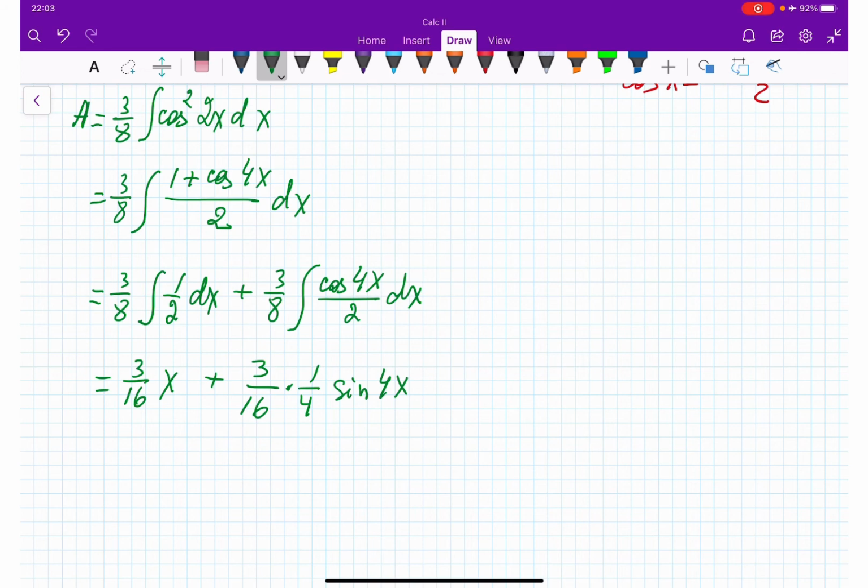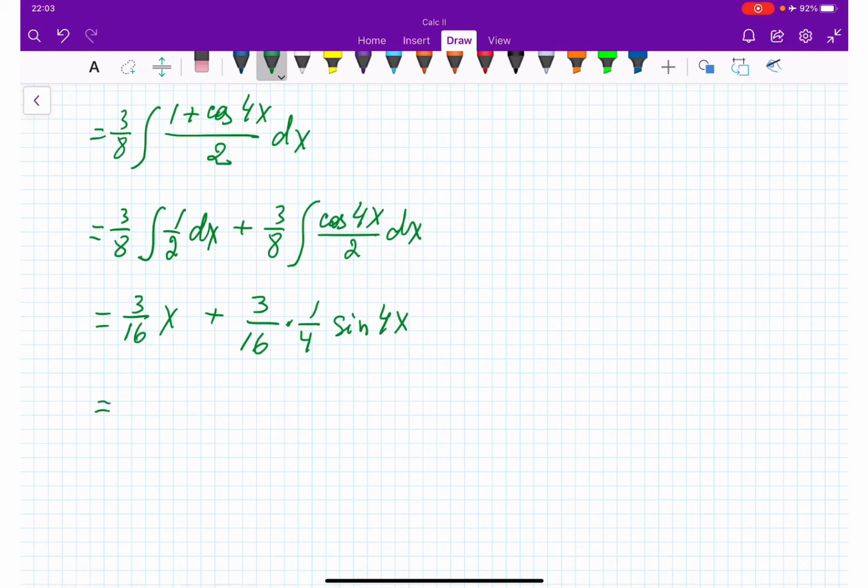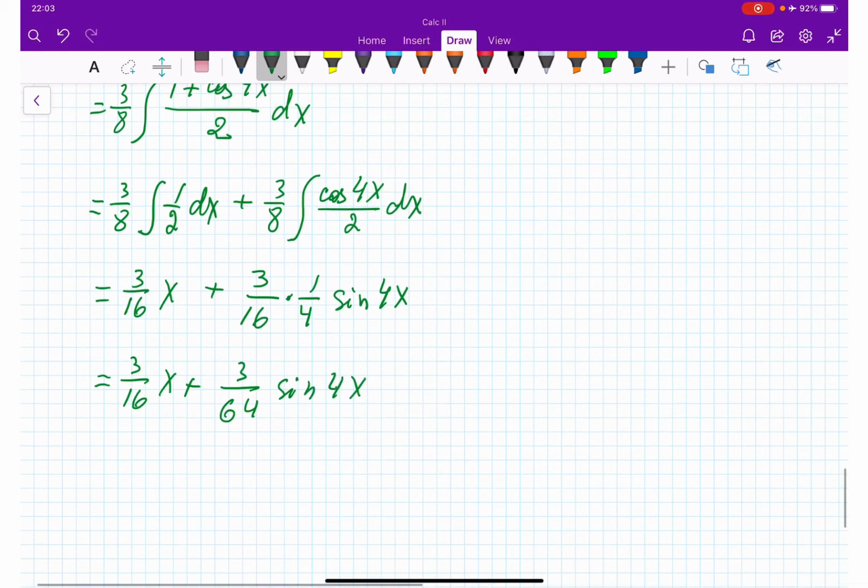Yes? So from here we are getting 3 over 16x plus 3 over 64 sine 4x. Okay, so this is the answer for A.